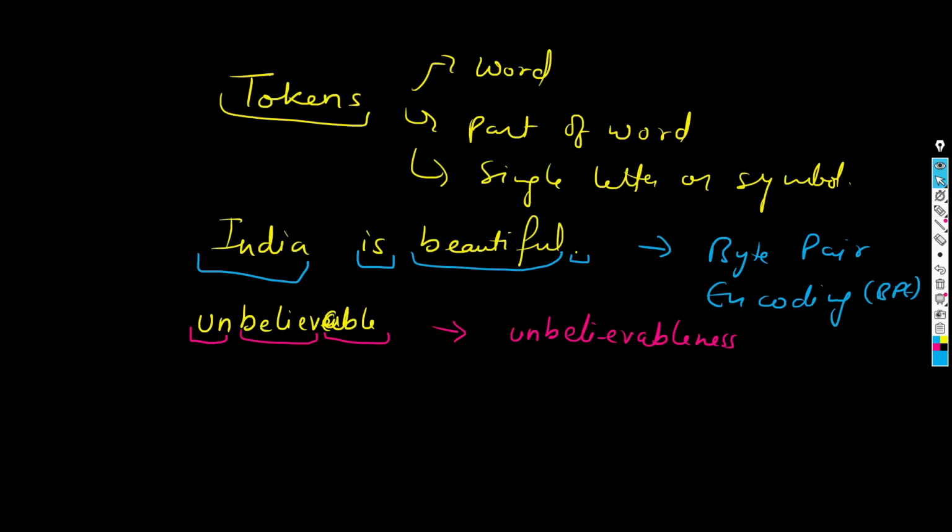Now, why does tokenization matter so much? Without proper tokenization, long words would be very confusing. New words might break the model. And third, training would be extremely inefficient.